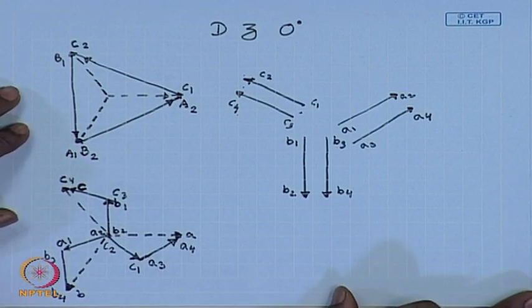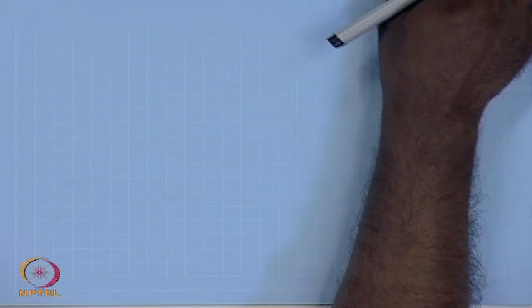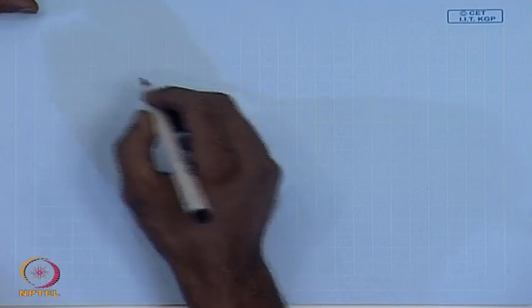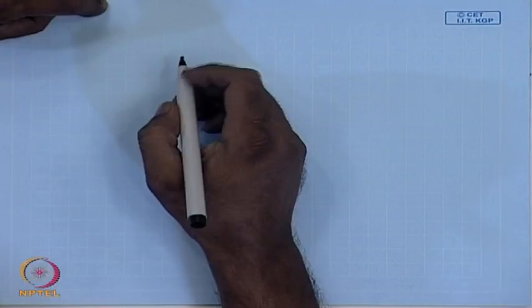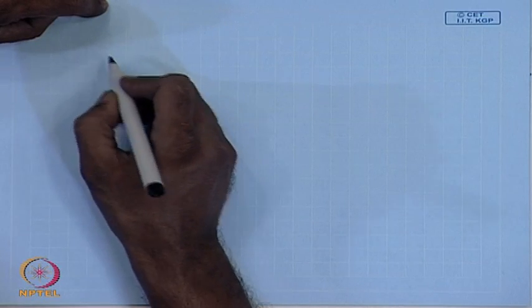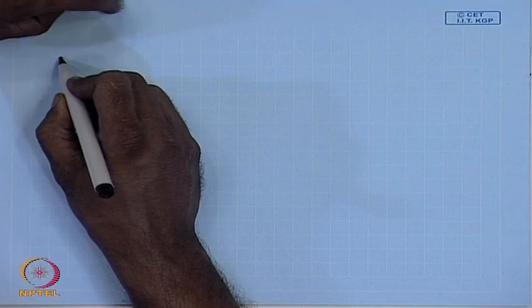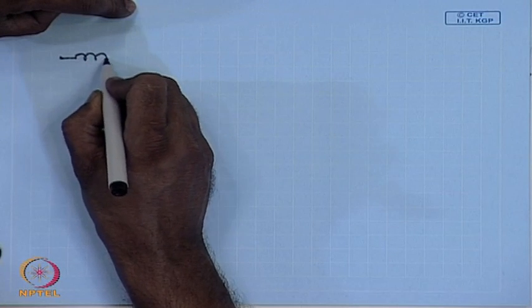So, if we look at the winding connection diagram, this is the high voltage side windings.